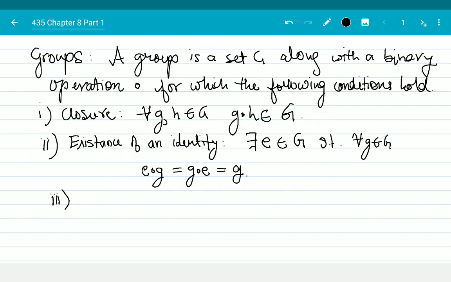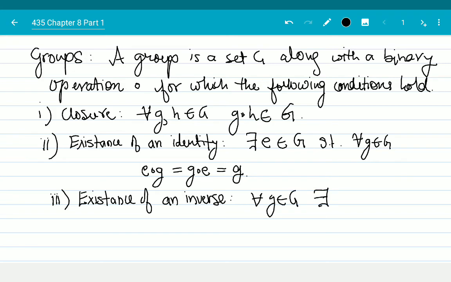Third, existence of an inverse. For every g belonging to G, there exists an element, well, let me call it h rather than g inverse. There should be an element h such that g composed h is equal to h composed g is equal to e.